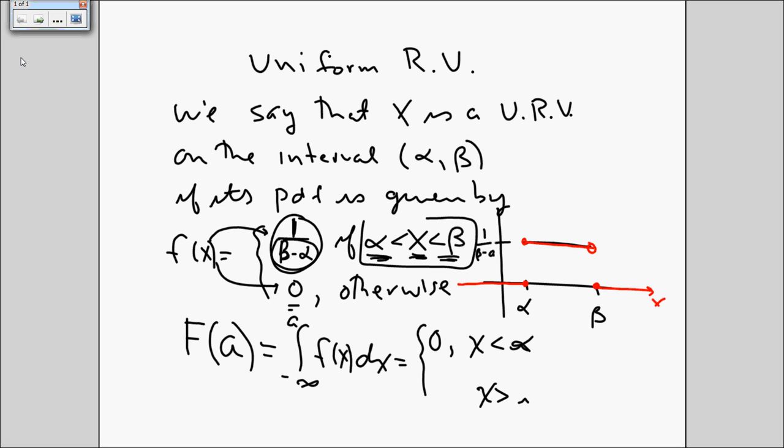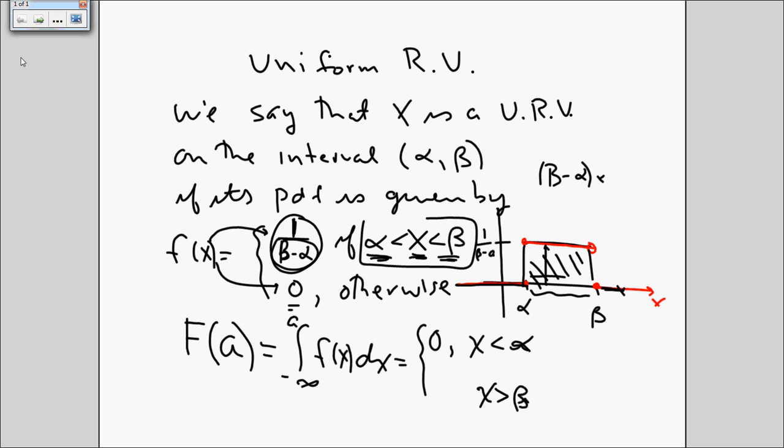I meant to say, if x is bigger than beta, I add up all the area up to that value. Here it's 0, but then we get this area, and then we get nothing again. This area has base beta minus alpha times the height.